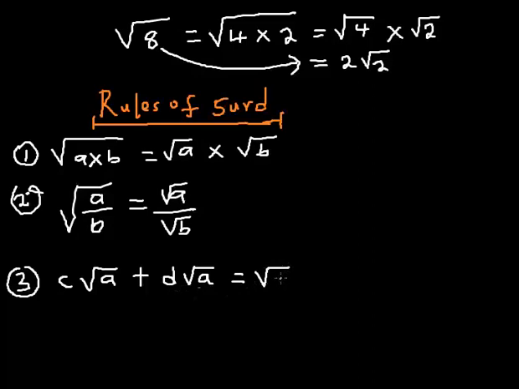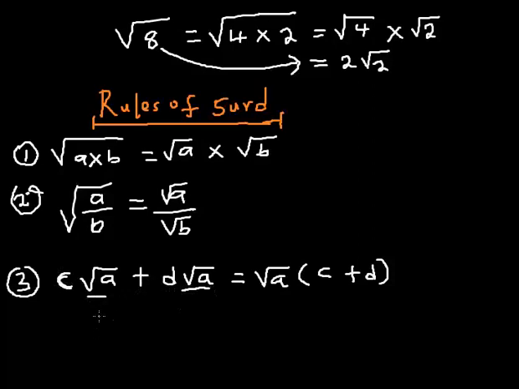This is the same as square root of a, I open a bracket, then I add c plus d. So it simply means that if you have the same square root with different coefficients, the square roots can be added based on their coefficients, or the rational number that is attached to the square root.